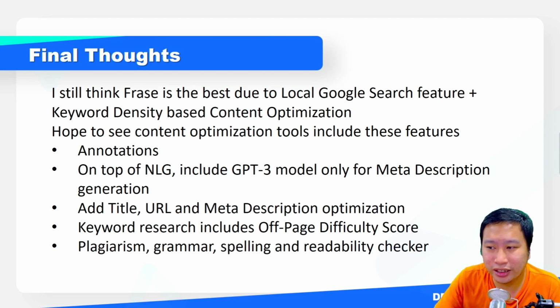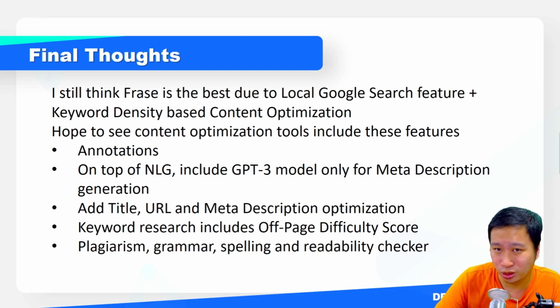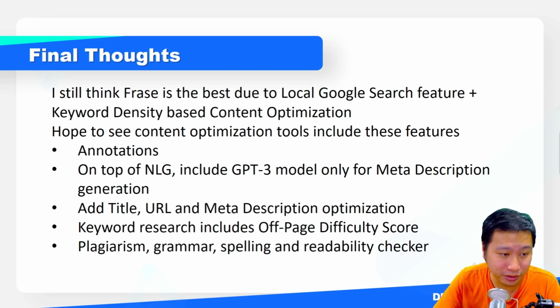However, I would say that WriterZen is a very close competitor against Frase, because it also has very similar features as well. And the cool thing is that it has some Ahrefs data, some off-page SEO data of your competitors as well.